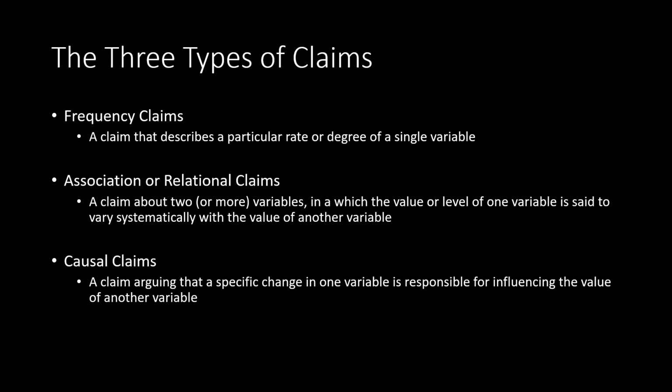Following this, we have association or relational claims, and these are claims about two or more variables in which the value or level of one variable is said to vary systematically with the value of another variable. Finally, we have causal claims, and these are claims arguing that a specific change in one variable is responsible for influencing the value of another variable.